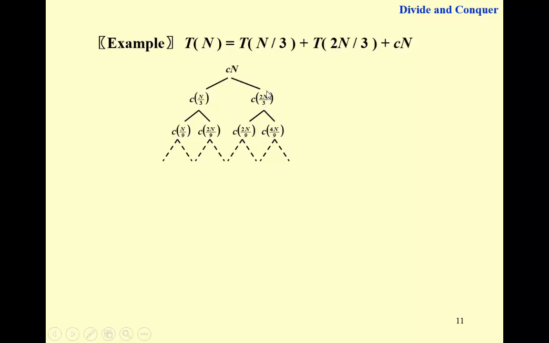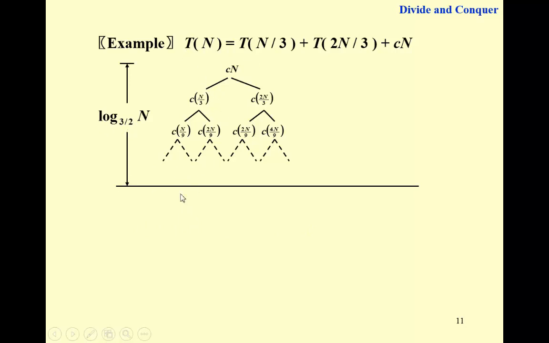Every time we divide n by 3/2, and eventually we're going to get 1 at some point. And how many times should we divide n by 3/2 to obtain 1? That gives the height of the tree. What is that? Another log n, right? With the base 3/2.